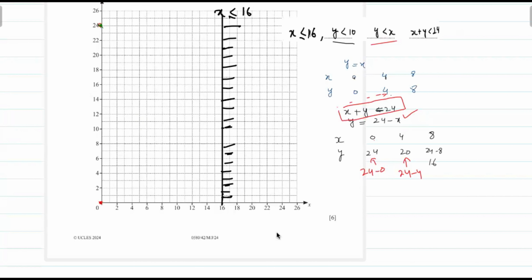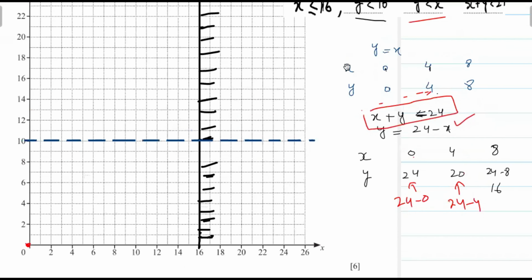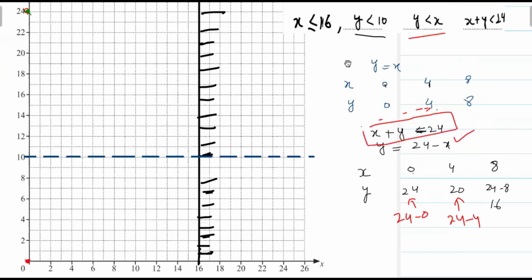The line y equal to 10 passes through the y-axis at position 10 and is parallel to the x-axis. We will draw this line here. But the inequality is y is less than 10. Therefore, we will draw a dotted line for y is less than 10. The region y is less than 10.